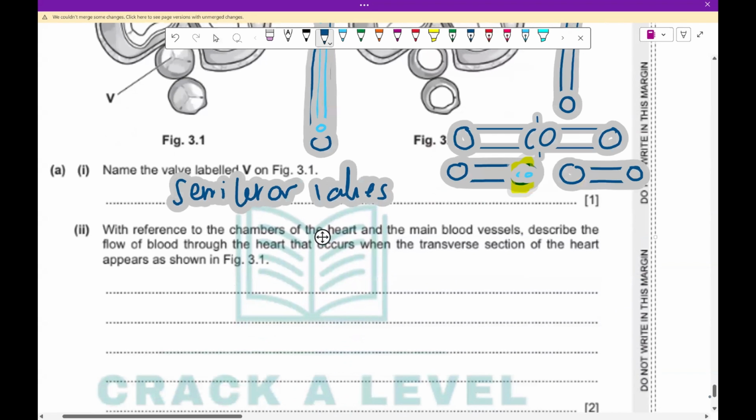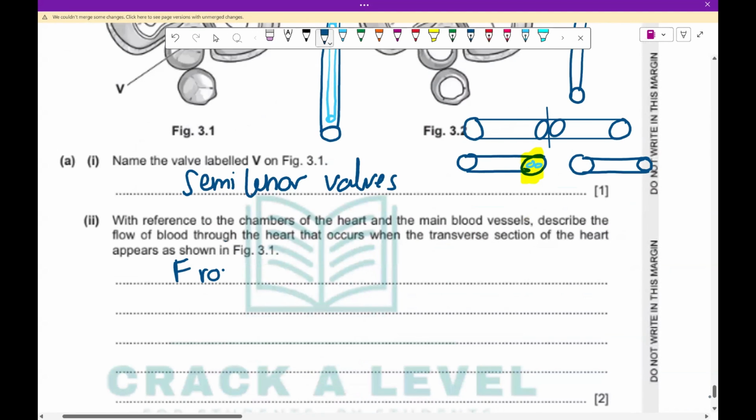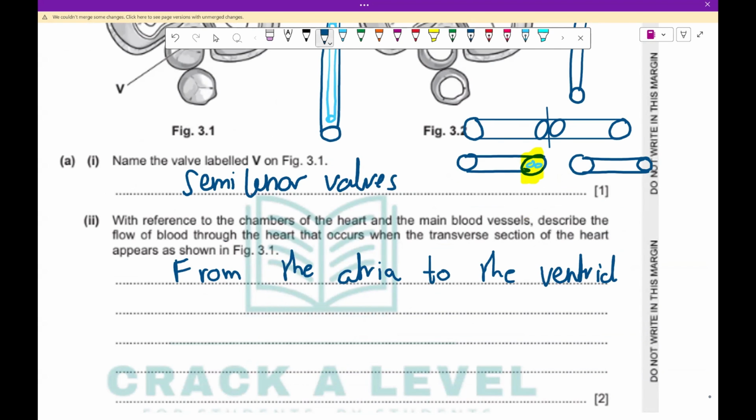So we can write the flow is basically from the atria to the ventricles. Just let me finish this question.